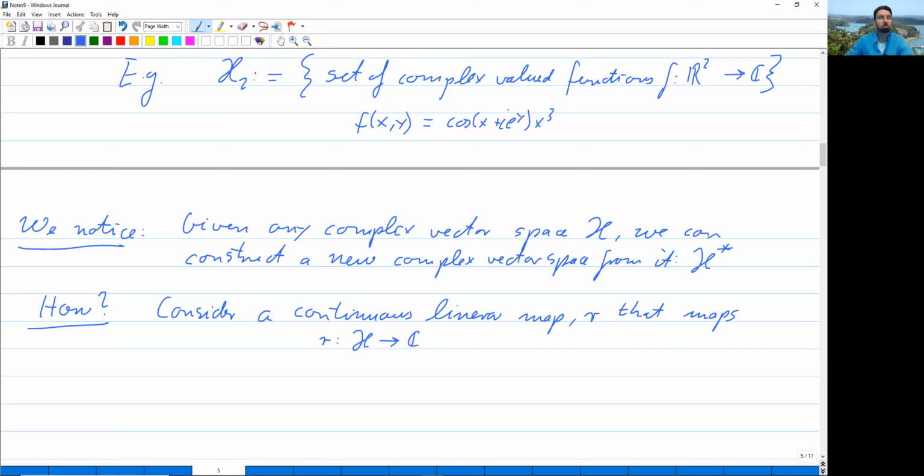Okay, so what we have is that R takes an element of H, such as V, and maps it into R of V linearly.